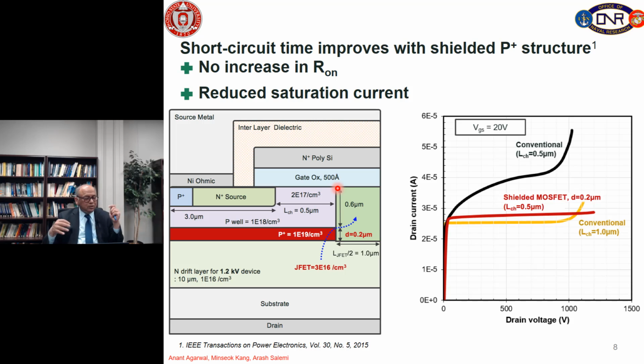So it's very simple, the cost is minimal, no design changes, no mask changes, just add an extra implant step for P plus, and it's a very simple change. And you can double your short circuit time by just doing that.